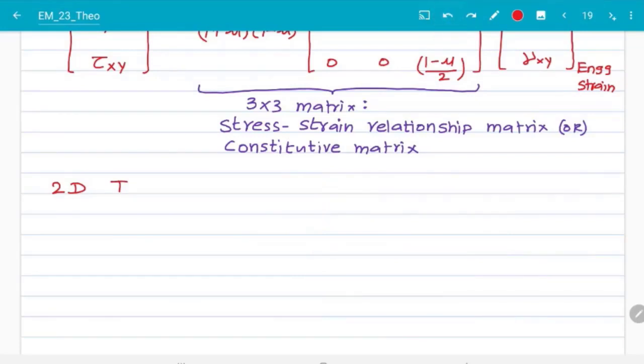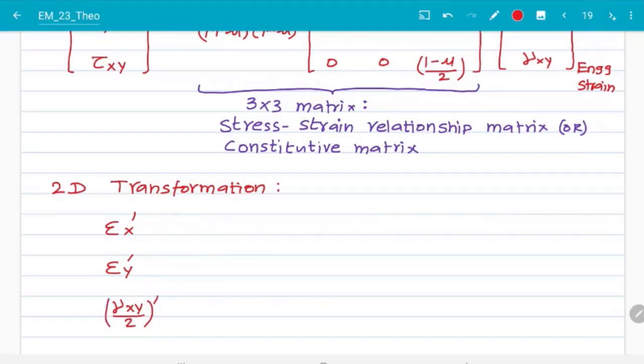But whatever we are doing in our UG is for 2D. So 2D transformation. It is nothing but the Mohr circle equation. Epsilon x dash, epsilon y dash, gamma xy by 2 dash.